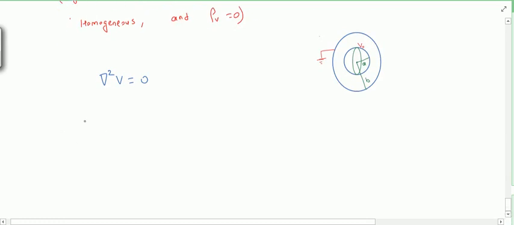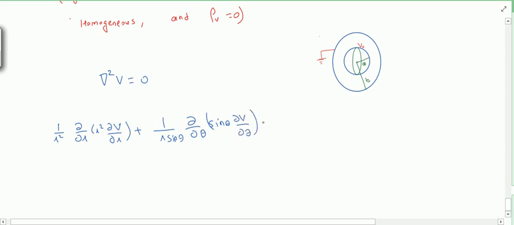Remembering the formula for the Laplacian in spherical coordinates, since this is a spherical capacitor: 1 by r square del by del r of r square del V by del r, plus 1 by r square sine theta del by del theta of sine theta del V by del theta, plus 1 by r square sine square theta del 2V by del phi square.